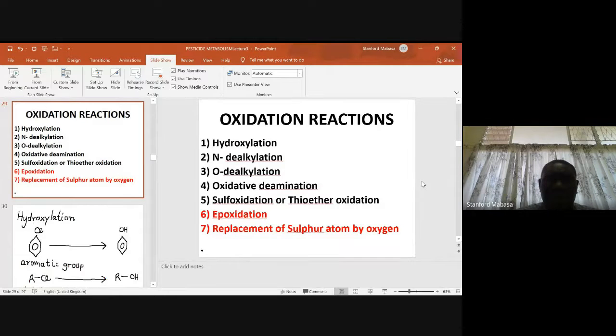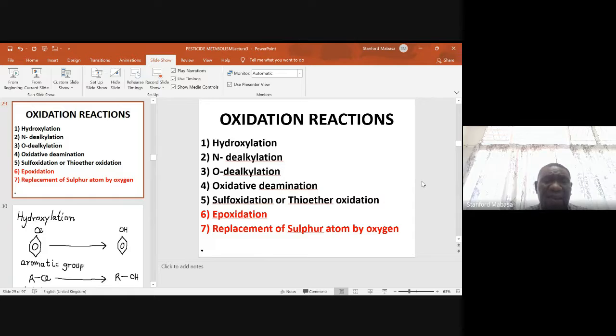Now, when the pesticide has entered the living system, under the influence of cytochrome P450, there's a possibility of 7 possible reactions. This is in addition to the activity of hydrolysis.